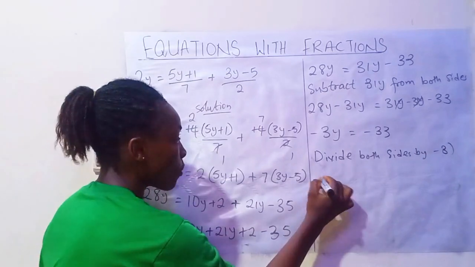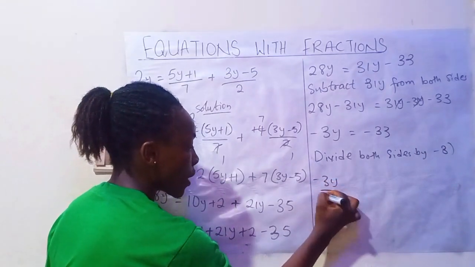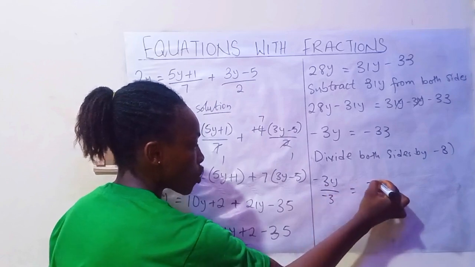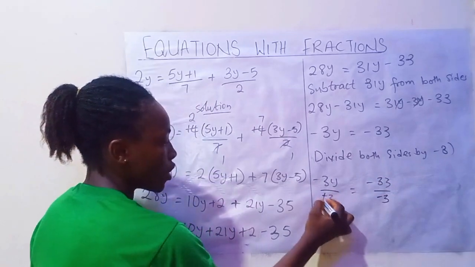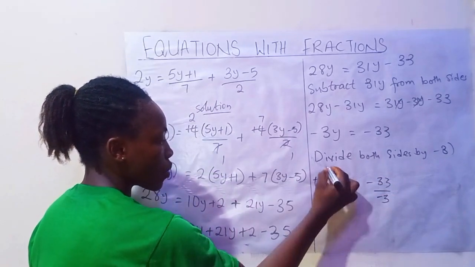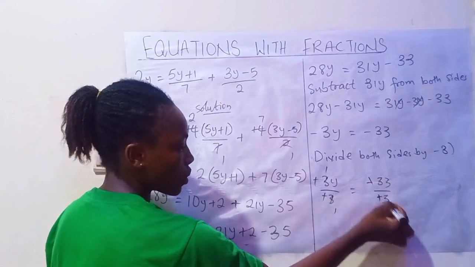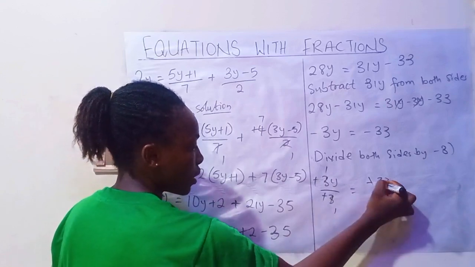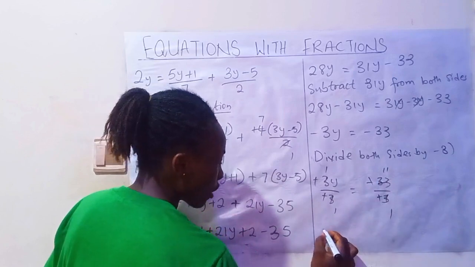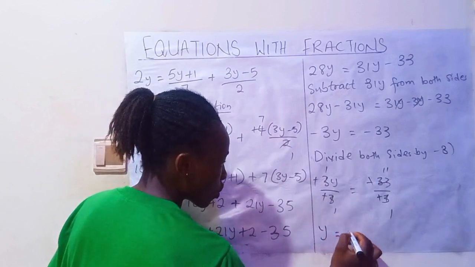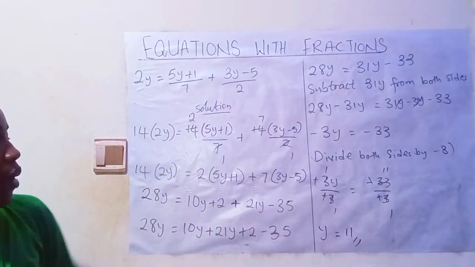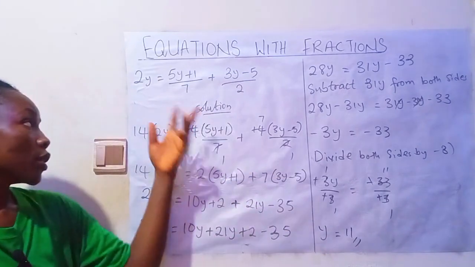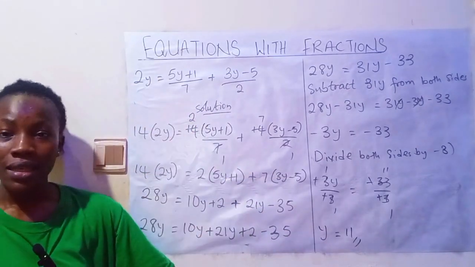So we're going to have minus 3y over minus 3 equals minus 33 over minus 3. This will cancel this one. This will cancel this here, 1, 3 here, 11. So we have y equals 11 as our answer. So the value of our y in this equation is 11.